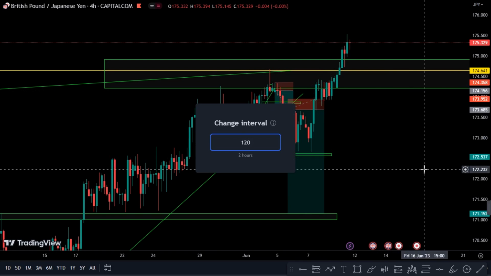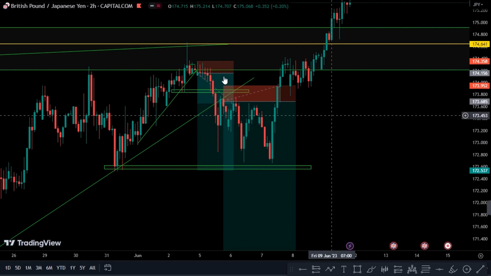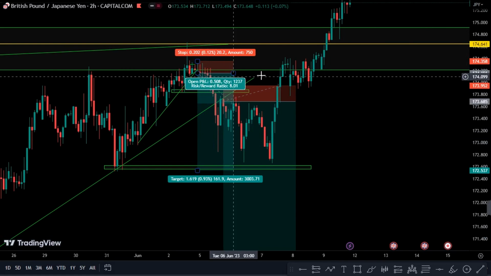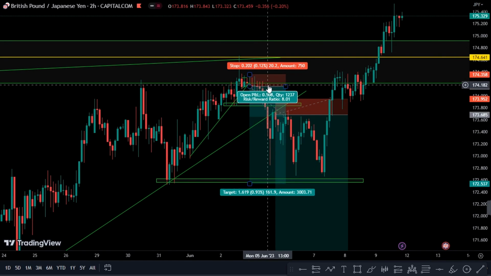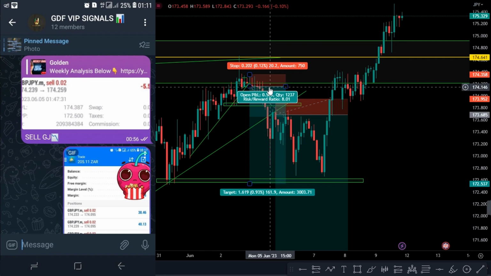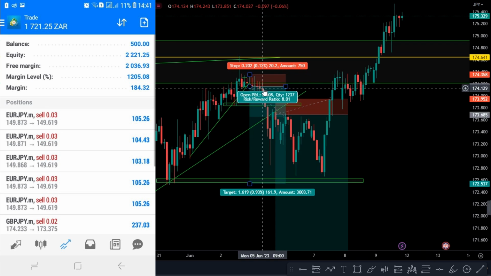As soon as the market gave us all the proper price action confirmation, this was the time when I sent the signal to my community, and we took that shot on GJ. The profit from GJ and EJ managed to take our account from 500 rand to 1,000 rand, as you can see on the screen from the screenshots.